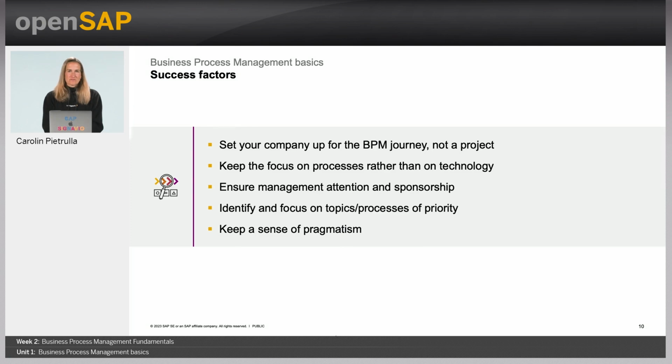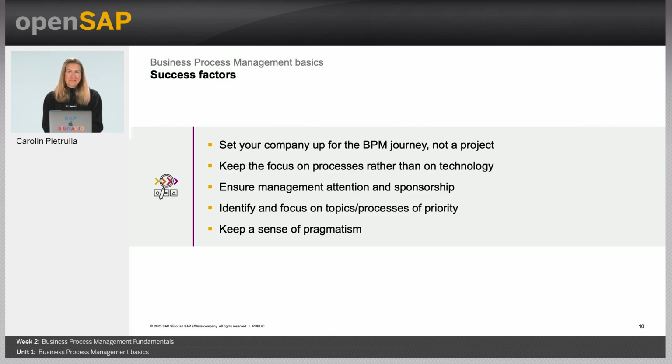And to be successful in changing our habits and implementing a process DNA, here's my summary of critical success factors for BPM. I know I'm repeating myself, but I can't stress enough that to be successful, BPM must be set up as an integral part of an organization and must be seen as a long-term journey.